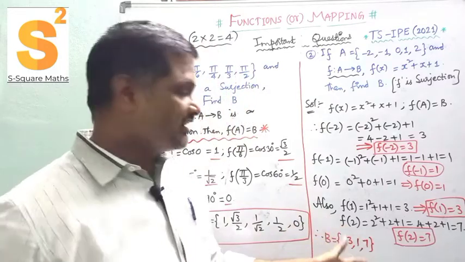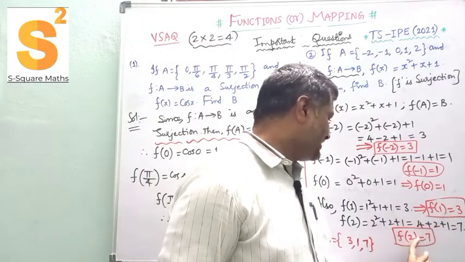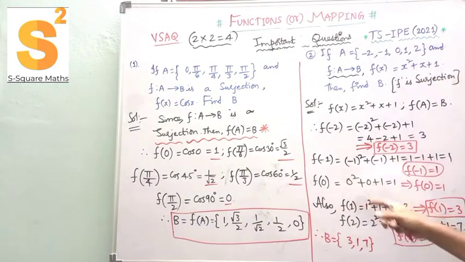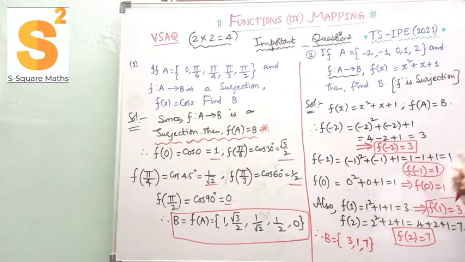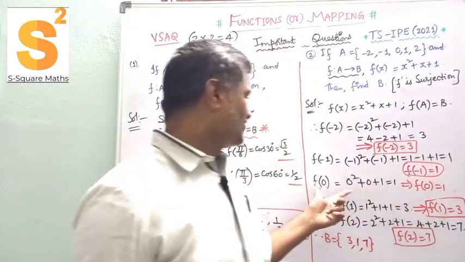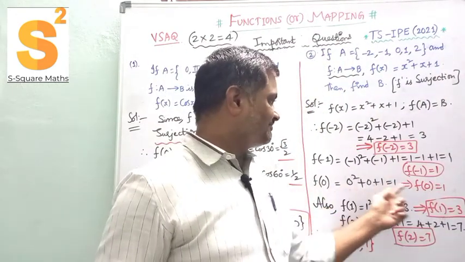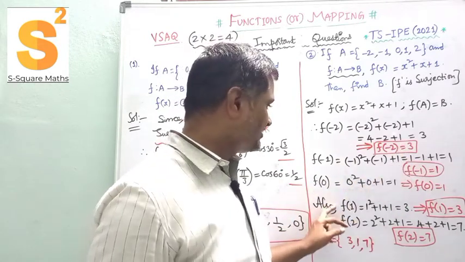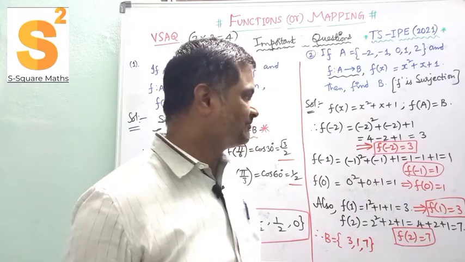In a set, elements are not repeated, so don't write 3 and 7 again. These are the values of the set B. f of 0 is again 1, f of minus 2 is 3, f of 1 is 3, and f of 2 is 7.